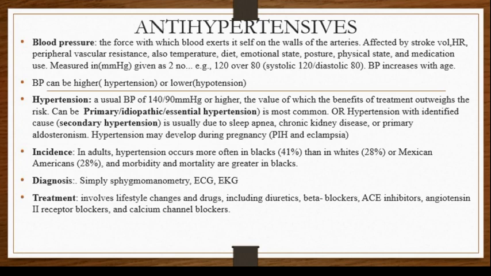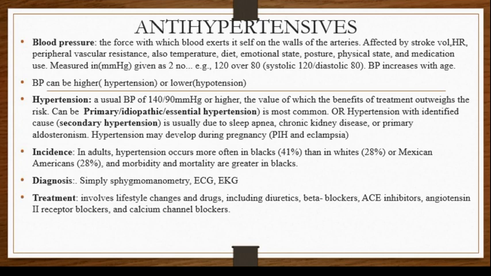An important thing I want to draw our attention to as we move forward is that the sympathetic nervous system, as well as the renin-angiotensin-aldosterone system, are the two main physiologic systems involved in the development of hypertension.